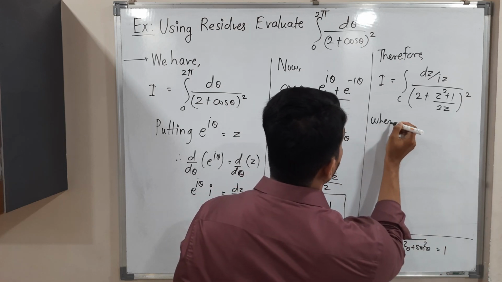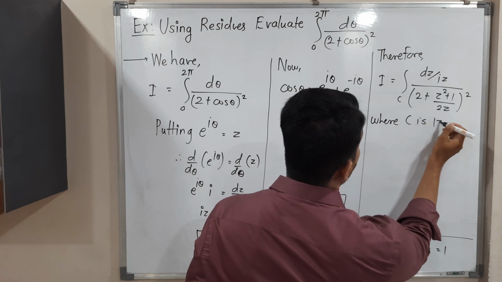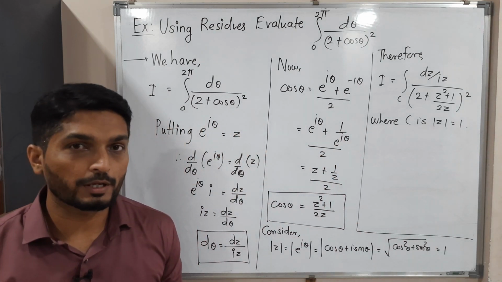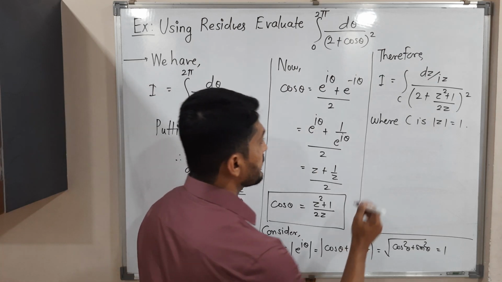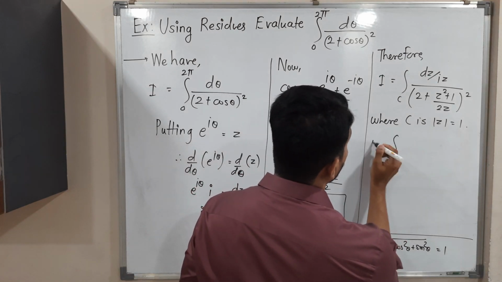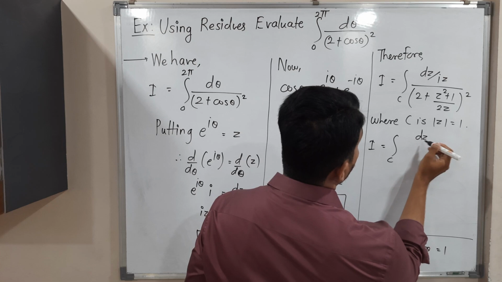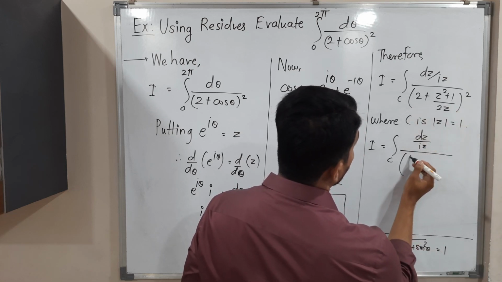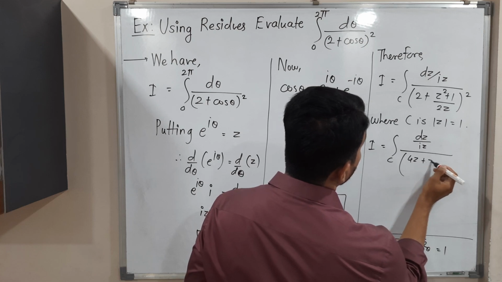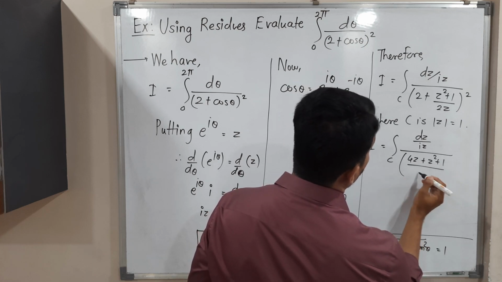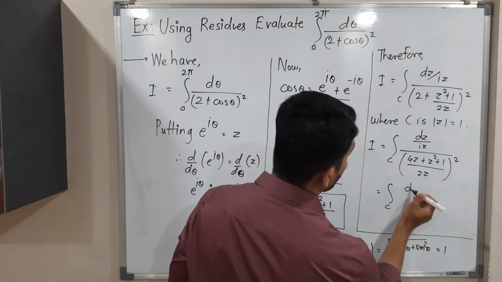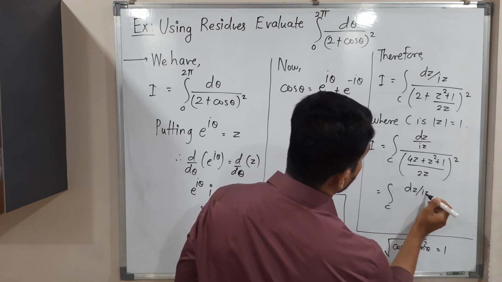Where c is mod z is equal to 1. So this is a circle with center 0, 0, radius 1. Let us simplify it further. dz upon iz. We can cross multiply here. So 4z plus z square plus 1 upon 2z whole square. So this is the integration over c, dz upon iz.